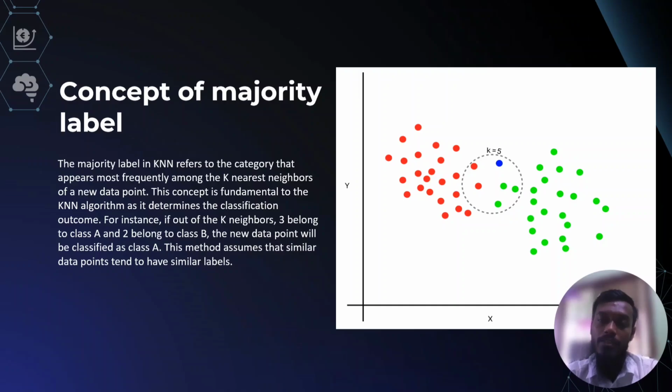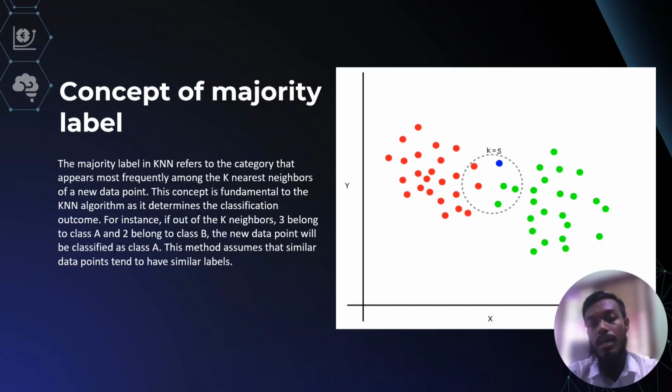Here k is equal to 5, which means we're going to look into its 5 closest neighbors. For the unknown data point, out of five of its neighbors, 3 are referring to the green class, 2 are referring to the red class, and only 1 is referring to the blue class. So according to majority voting, we're going to go with the green class because it has the most votes.